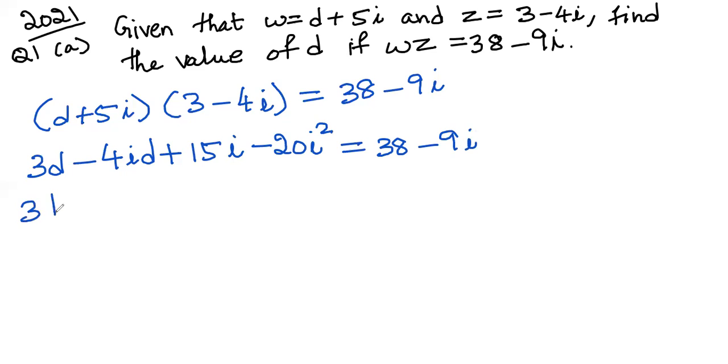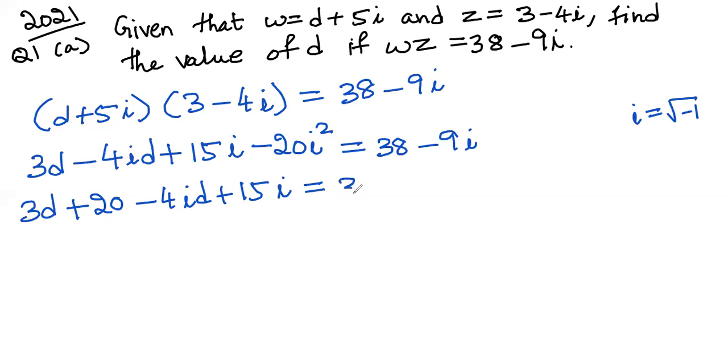So we have 3d plus 20 again, because i is the square root of minus 1 and i squared is minus 1. So this becomes plus 20, and then minus 4id plus 15i equal to 38 minus 9i.